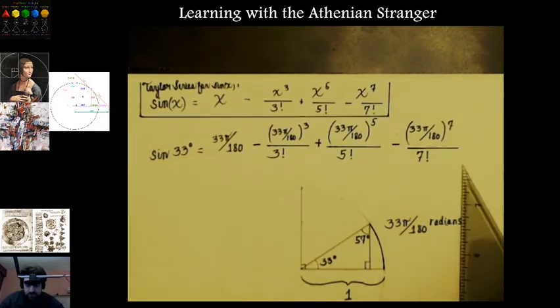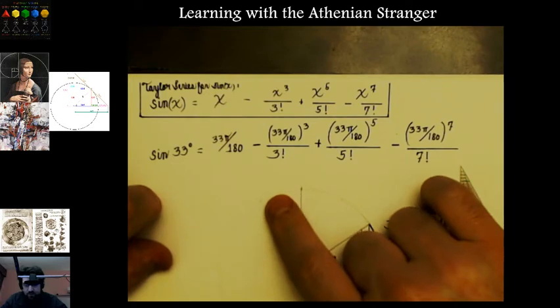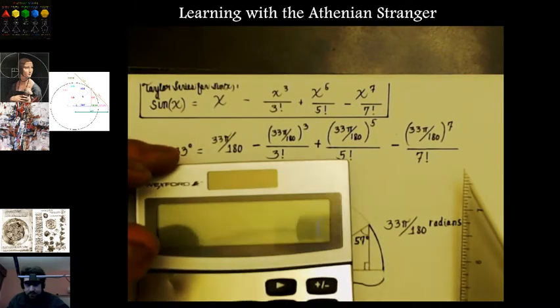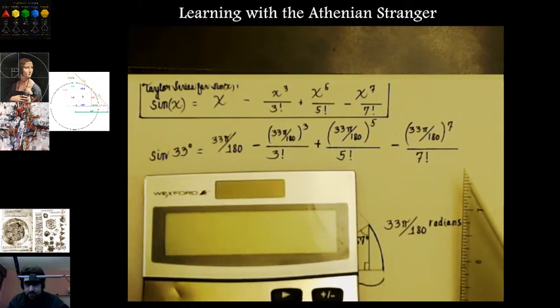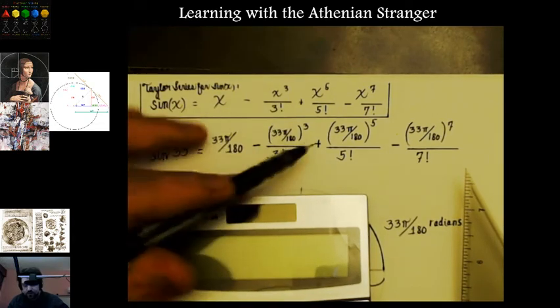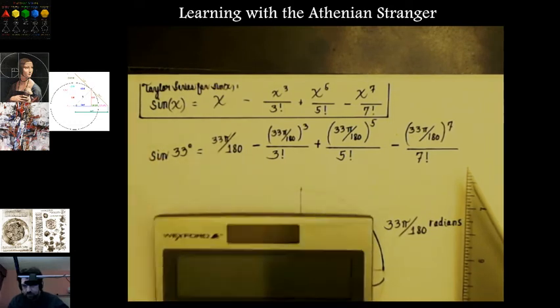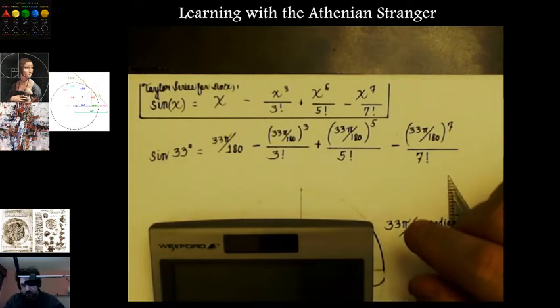We used the Taylor series to get a decimal approximation, but as you'll see, we come up with some numbers with lots and lots of decimal places. And while I am perfectly capable of multiplying 33 times pi over 180 and then multiplying it by itself over and over again to get the power of 3 and then divide by 3 factorial and go on and on, it's easier just to put the whole thing into Google, because Google can function like a big calculator, and I'll show what I'm doing.